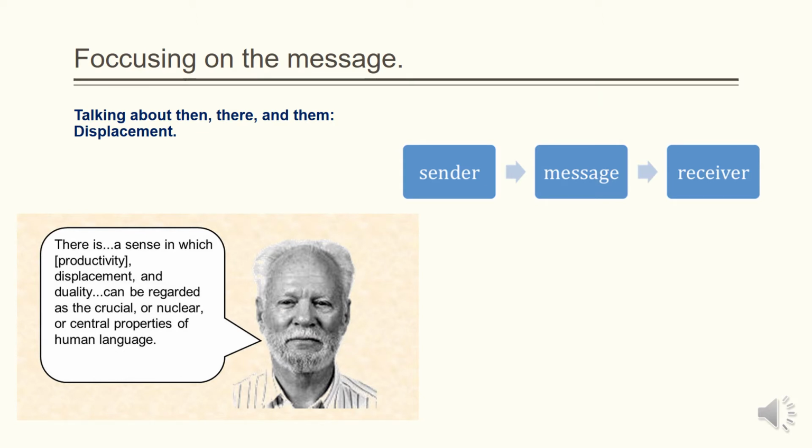We have the ability to talk about things that are not here and now, things that are not present, things that are in the past or in the future, or abstract ideas. This also allows us to create new messages, new words, new phrases, and also this is connected with semanticity because we have the ability to produce new meanings. So these features are really, really important.